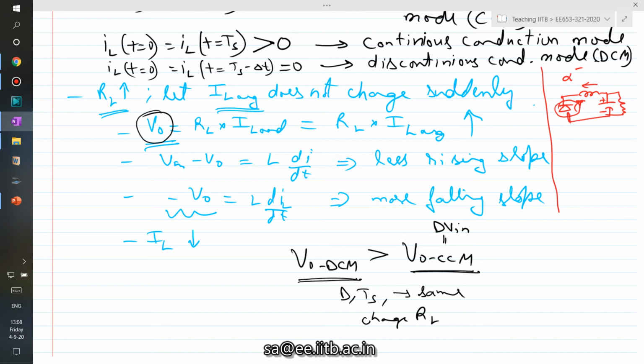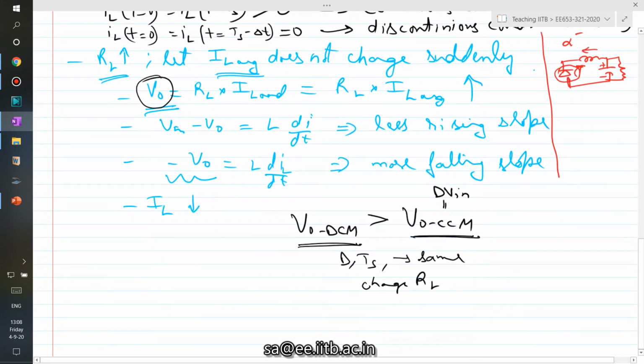Still our circuit is ideal. So CCM versus DCM can happen in ideal as well as actual converters, right? It has nothing to do with ideal or non-ideal converter. So try to decouple these two things. There's something called ideal versus non-ideal, and there's something called DCM versus CCM, right? Both these things are different. They are not the same.